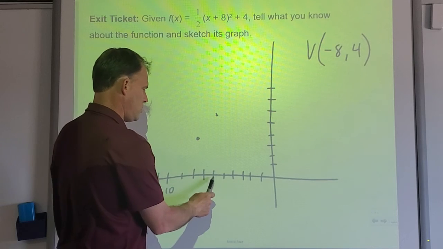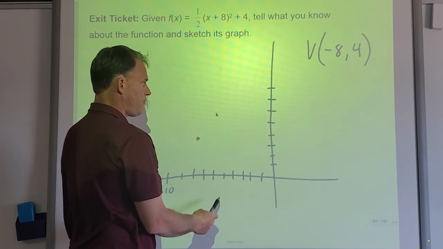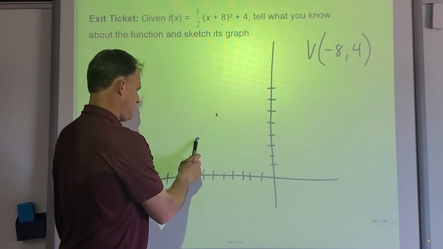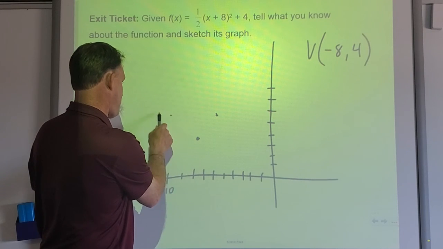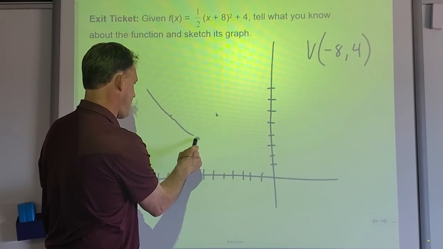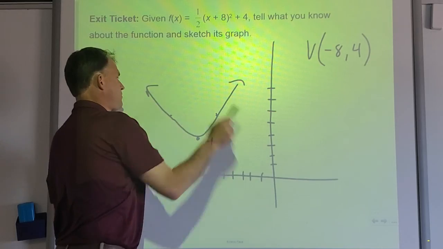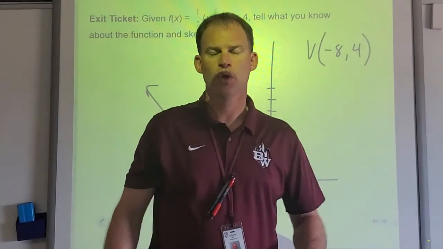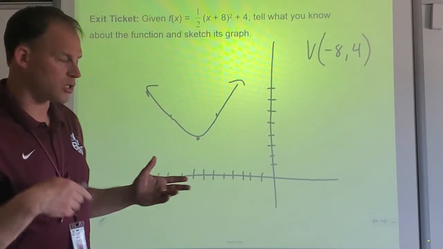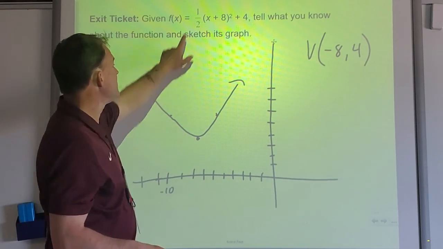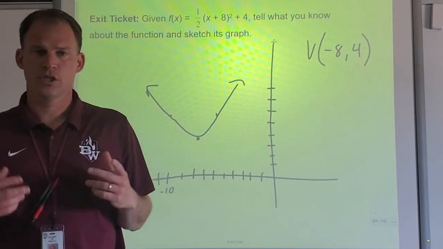I can go 3, 4.5, or I can just put my symmetry on it right there. And there's my parabola. Use those relationships we talked about in the very beginning, manipulate them according to the stretch, and go from there.